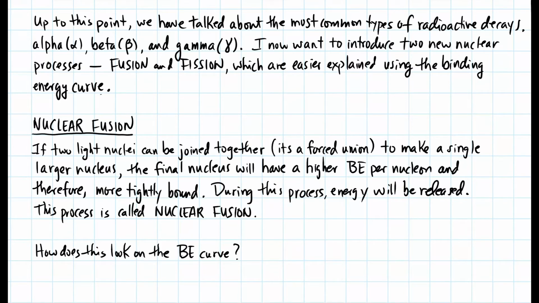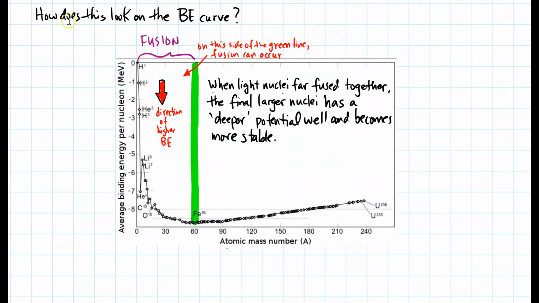What does nuclear fusion look like on the binding energy curve? So, if I have light nuclei here and somehow they get fused together, that means that one of these nuclei will be the heavier final nucleus. What happens then is that this is the direction of higher binding energy.